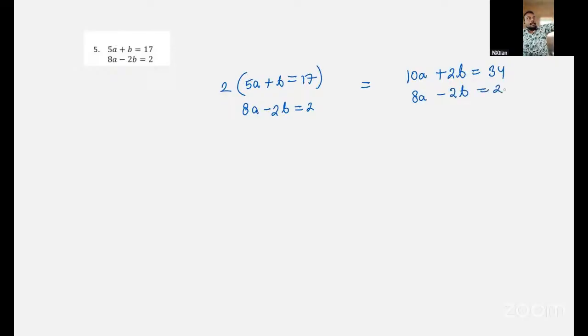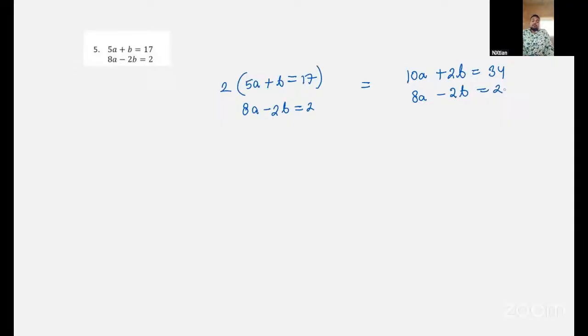Now you have to check the signs. Are the signs the same or different? Different. If the signs are the same, the plus will become minus and the minus will become plus.